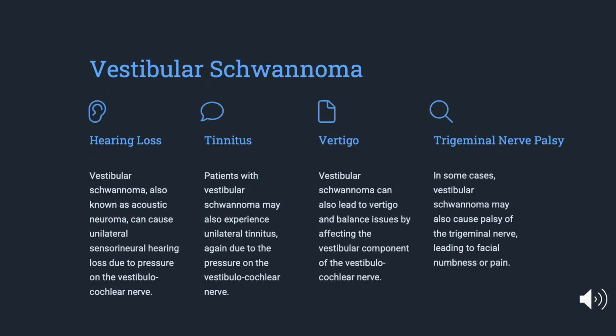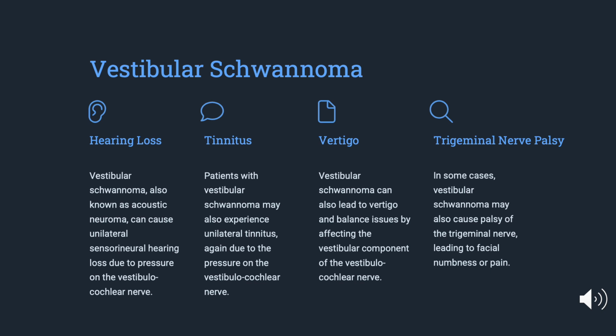Vestibular schwannoma, also known as acoustic neuroma, can result in several symptoms due to its effect on the vestibulocochlear nerve. 1. Hearing loss. The tumor's pressure on the vestibulocochlear nerve can cause unilateral sensorineural hearing loss. 2. Tinnitus.